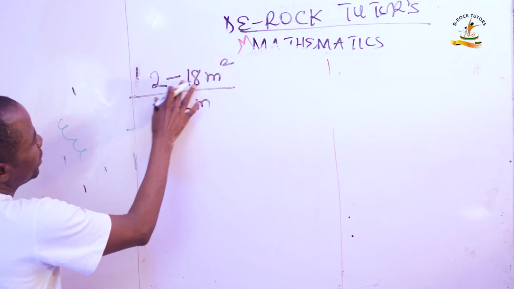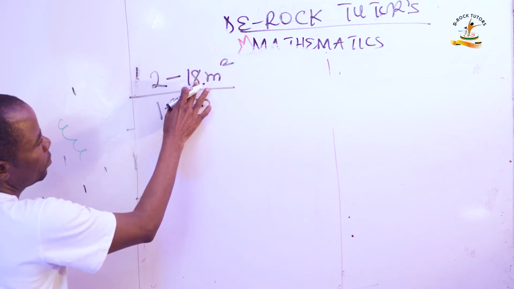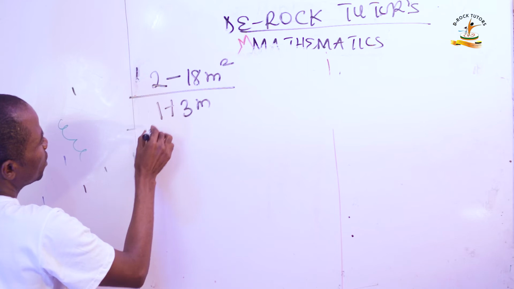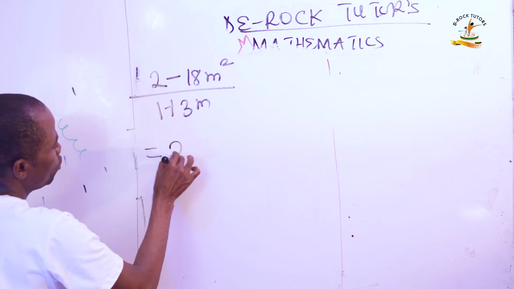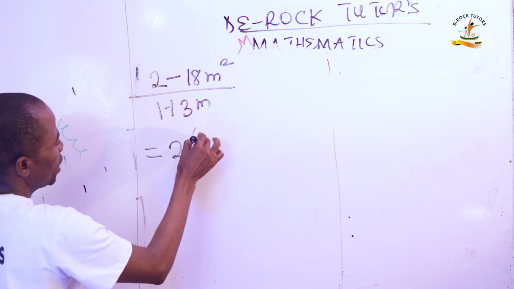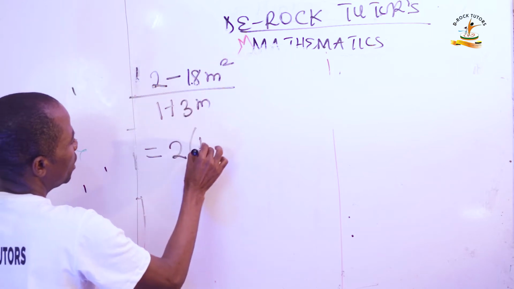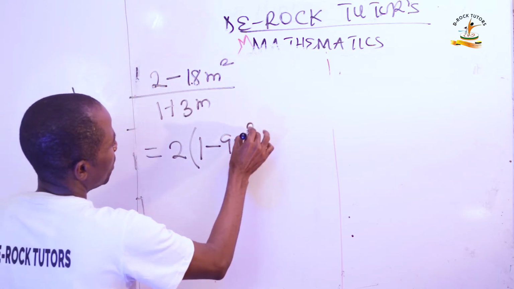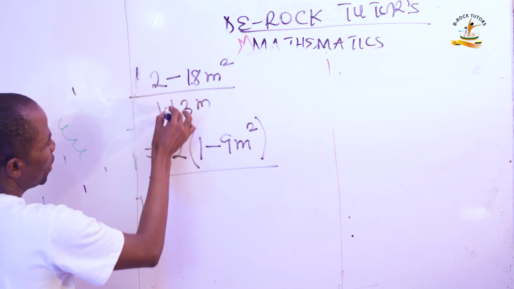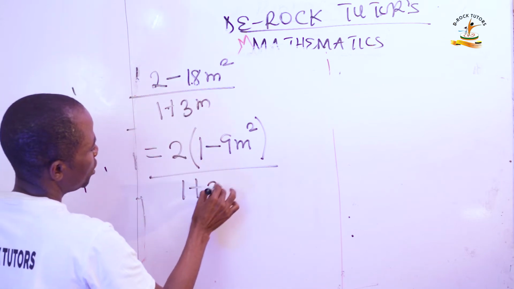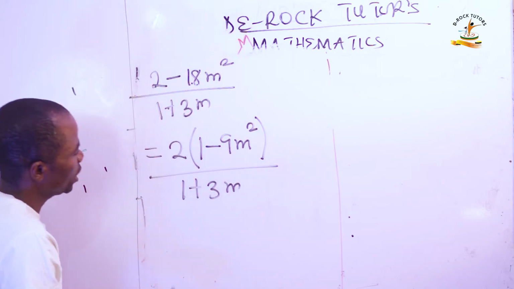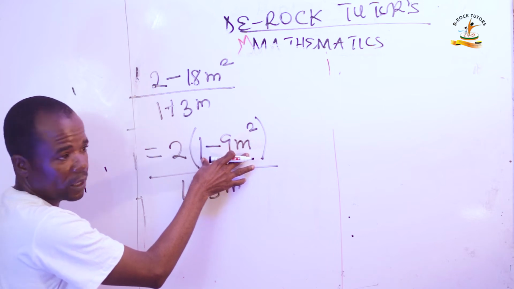Now, if you look at this, 2 is common, so we can factor 2 out. This one becomes 2 into, 2 into 2 is 1, 2 into 18 is 9m squared, all over 1 plus 3m. Let's focus on what is in the bracket here.